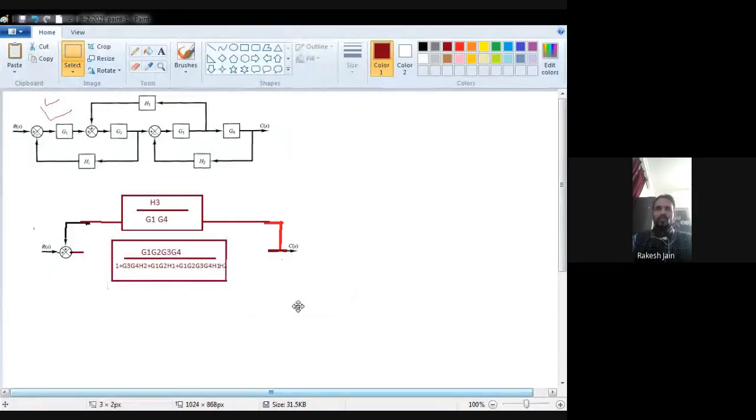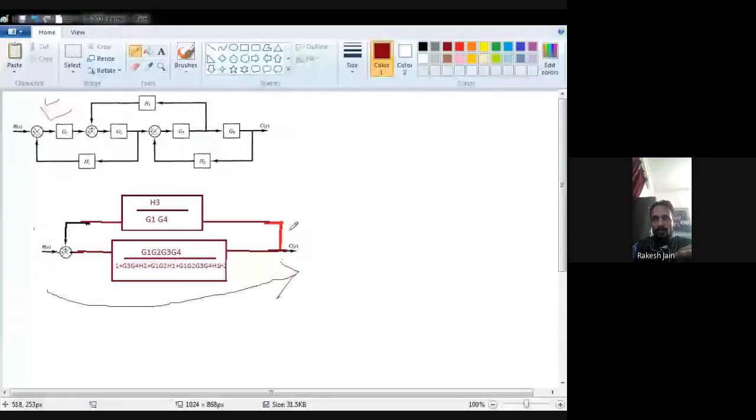Okay. Now see once again, these two blocks are in cascade, G1 G2 upon 1 plus G1 G2 H1 and G3 G4 upon 1 plus G3 G4 H2.